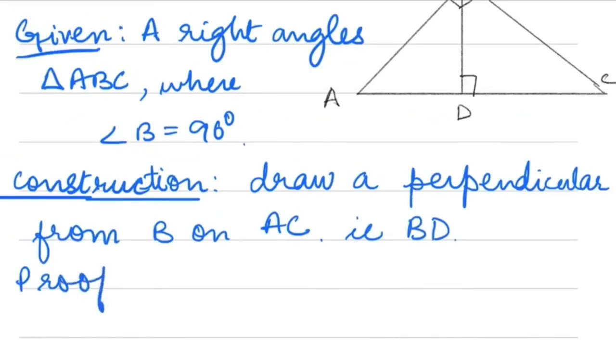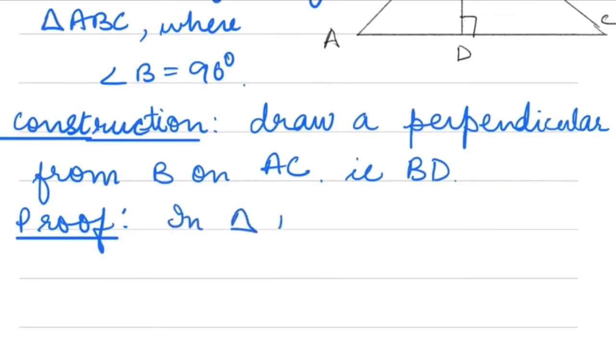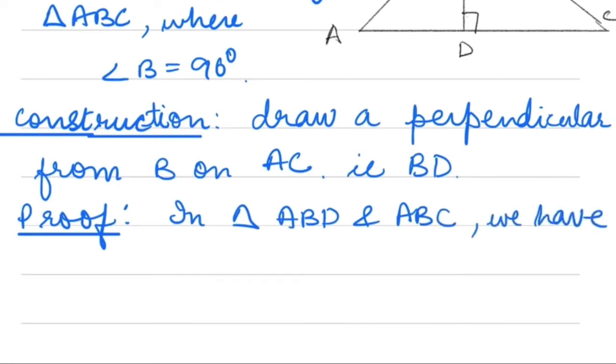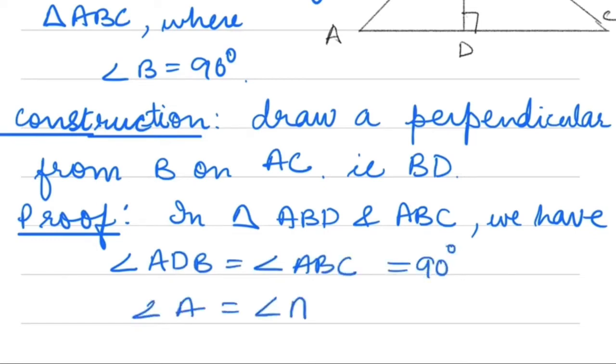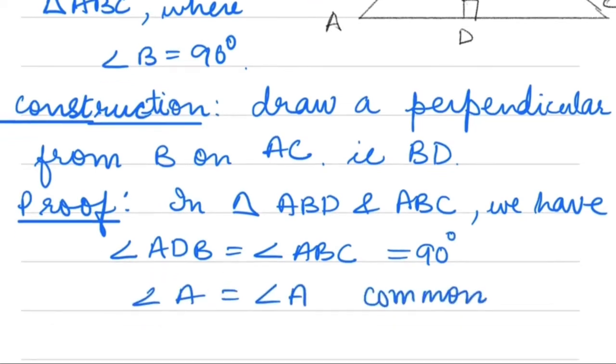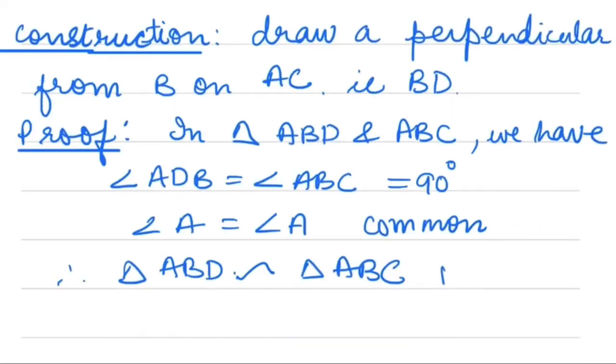Now the proof: in triangles ABD and ABC we have angle ADB is equal to angle ABC is equal to 90 degrees, and angle A is equal to angle A, that is the common angle in these two triangles. So therefore triangle ABD is similar to triangle ABC by AA property of similarity.